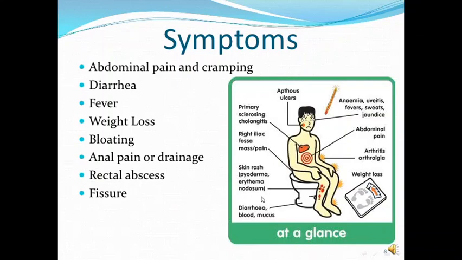As in this picture, we can see that it also causes skin rash, weight loss as a result of recurrent diarrhea, abdominal pain, arthritis, anemia, sweating, and abscess ulcers. For the more advanced signs and symptoms, it causes rectal abscess and fissure formation with anal pain or drainage.